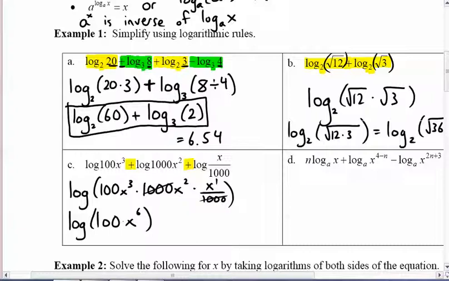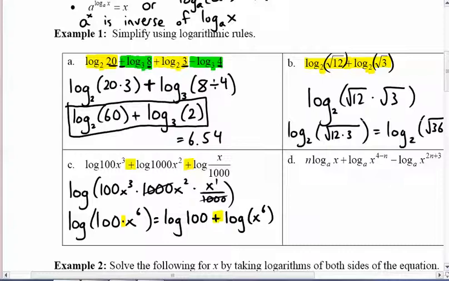Okay, so I could show you how you can simplify this even further. Because these two things are being multiplied, we could break them up again into two separate logs using the product law. Because we have multiplication inside of one log, this changes into addition of two separate logs.